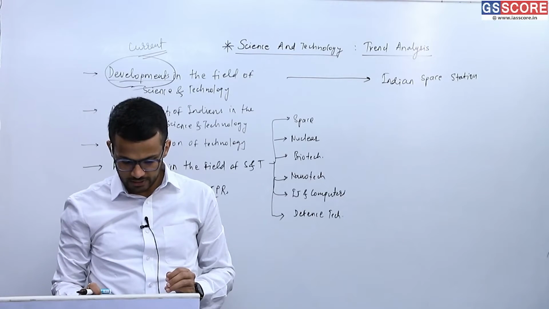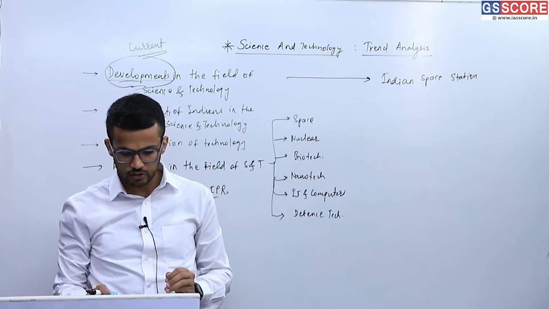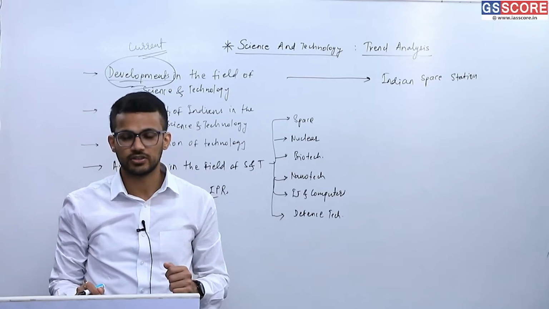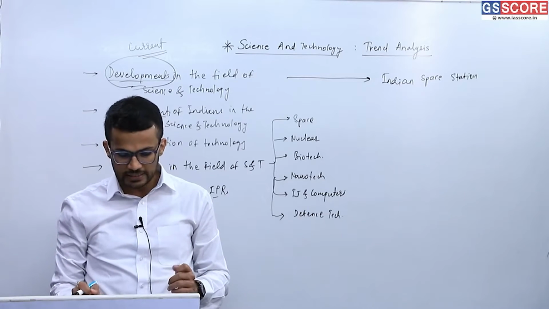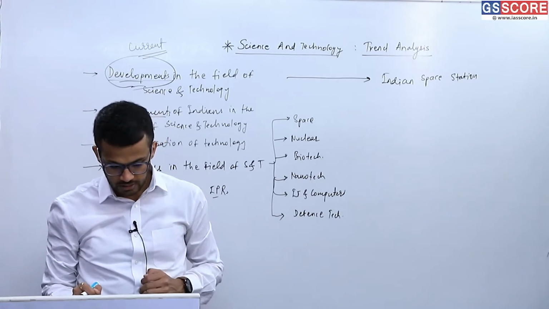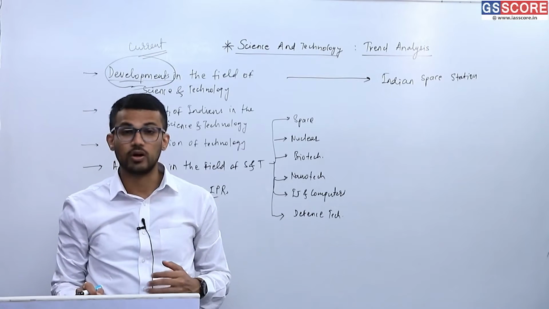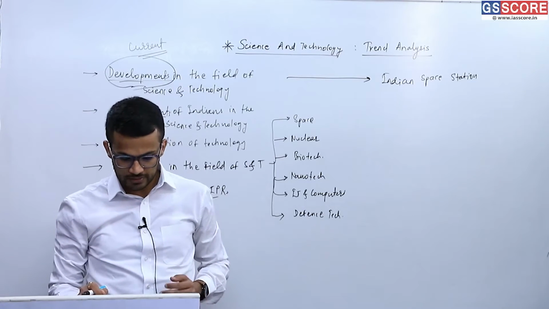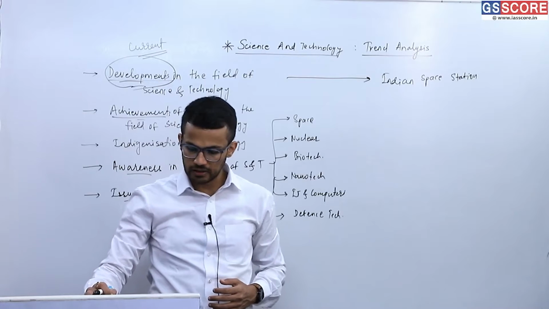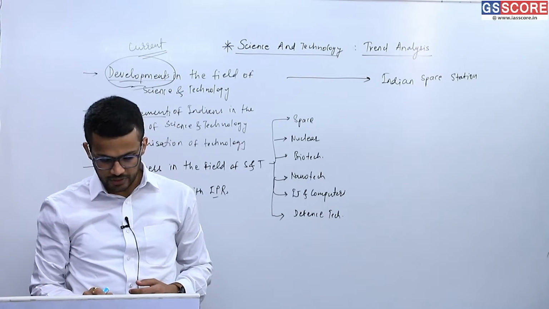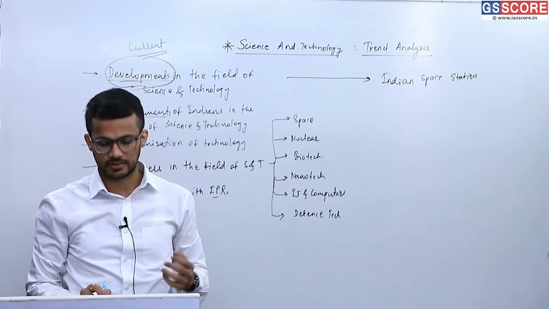For example, again, there was a question in 2020's mains examination: COVID-19 pandemic has caused unprecedented devastation worldwide. However, technological advancements are being availed readily to win over the crisis.